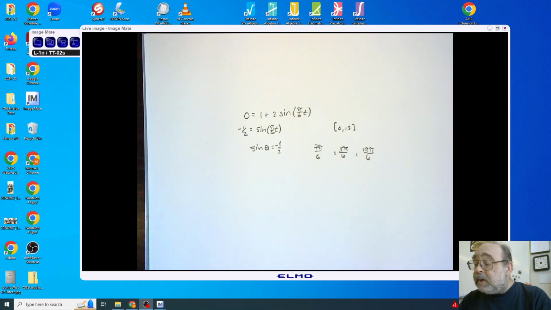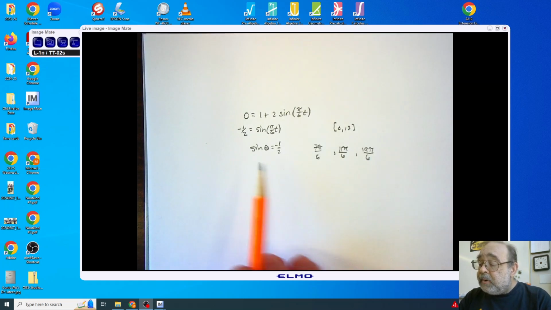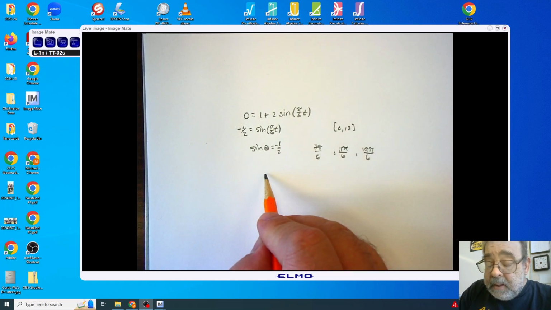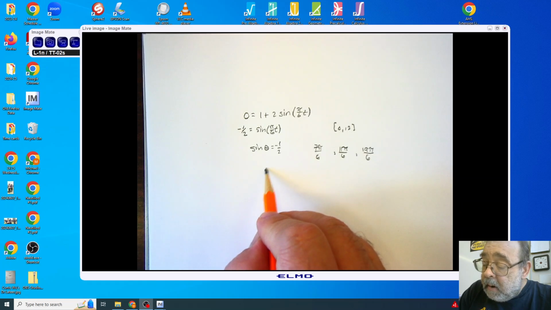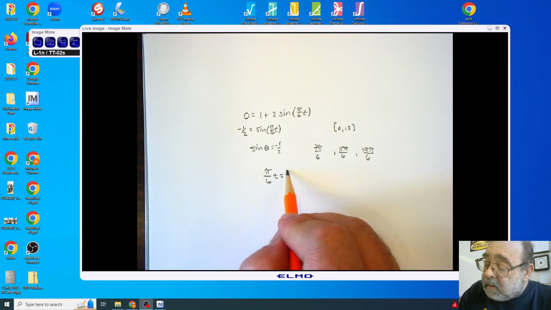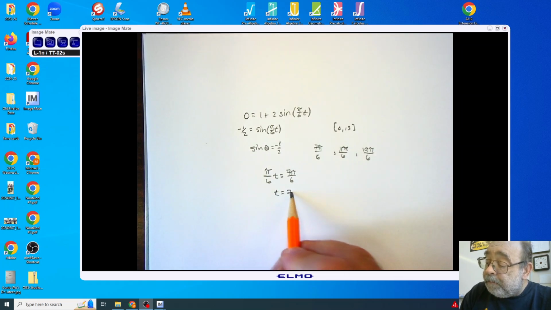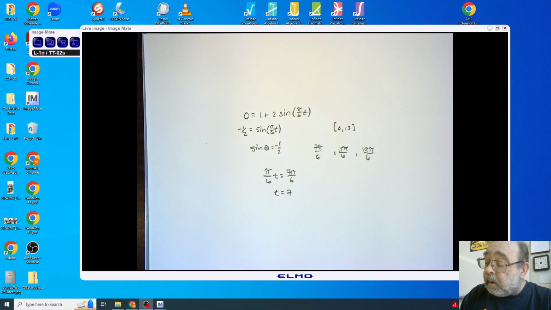So between 0 and 12, these would be my values if sine of theta equaled negative 1/2. But we're actually given that this theta is pi over 6 times t. If I want that to be 7 pi over 6, I'm going to solve and find that t has to be 7, and that is between 0 and 12.